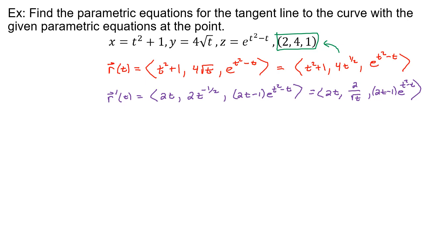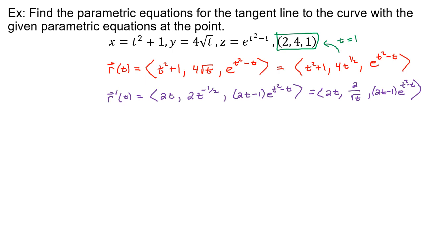The t value to get me to 2 would be positive 1 or negative 1, one of the two. I can't do a negative 1 on the square root though. So it's looking like t equals 1 was the value I used to get that point. And you could test that all the way across. t equals 1 would be the correct point.